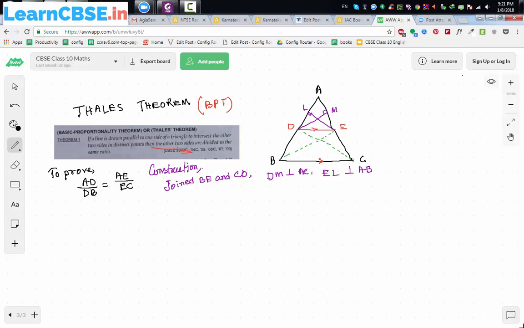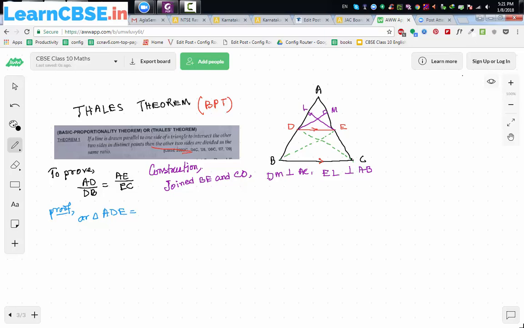Now the proof. How can we prove it? We first take the first two triangles. I'm going to find the area of the triangle ADE. What will be the area of the triangle ADE?